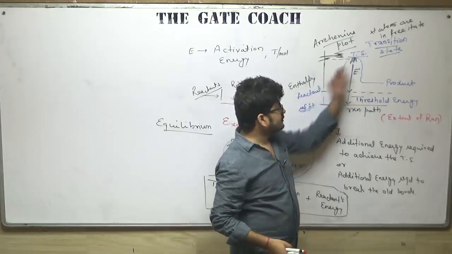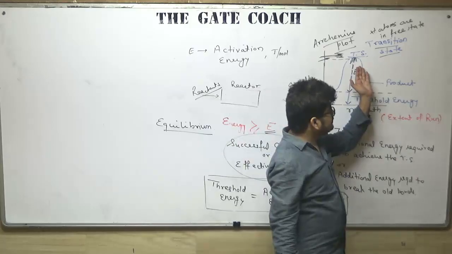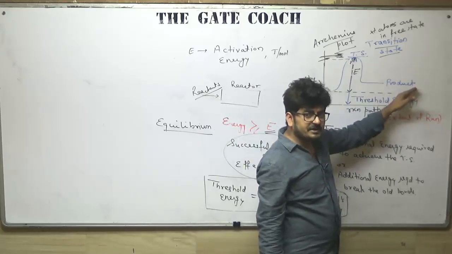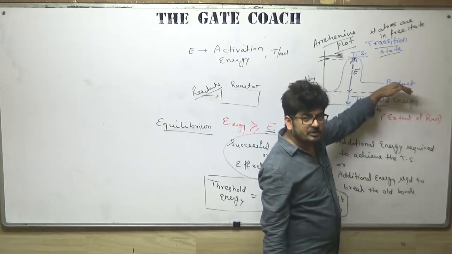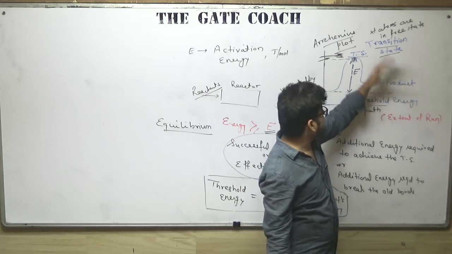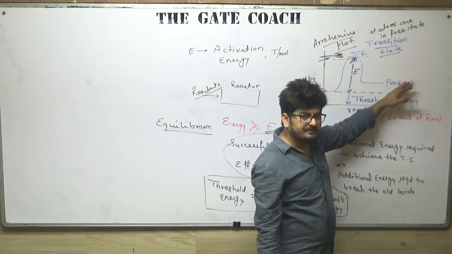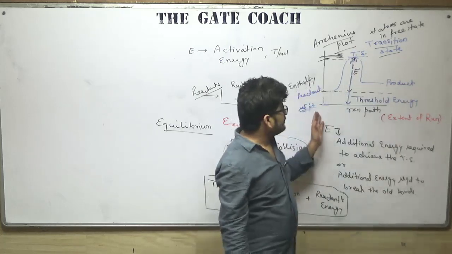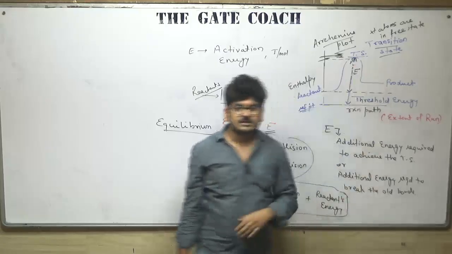So here we can see 2-side process is possible. But when atoms move to the product state, then it is not possible for these product molecules to again go back to this transition state. This is a one direction process only. Okay. So equilibrium may establish only and only between reactant and transition state.